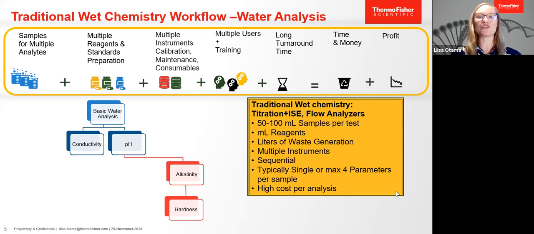With these semi-automated instruments and 4 channels, you cannot really choose which of the tests you would run for which of the samples, but you need to do all of them, so always in a batch. And the analysis cost is pretty high due to this high consumption and high manual work that you're doing.